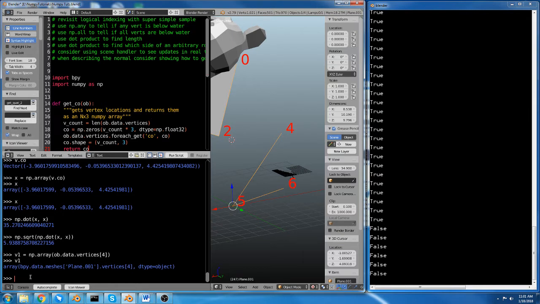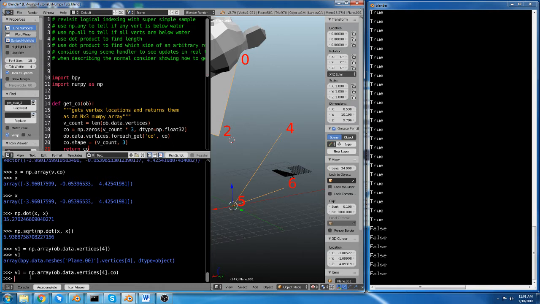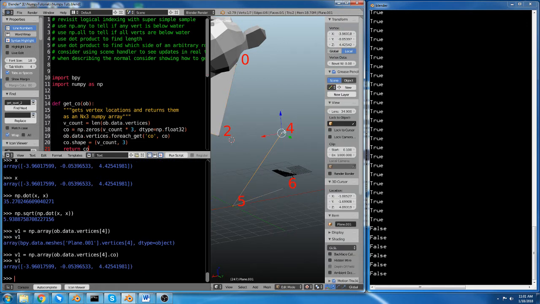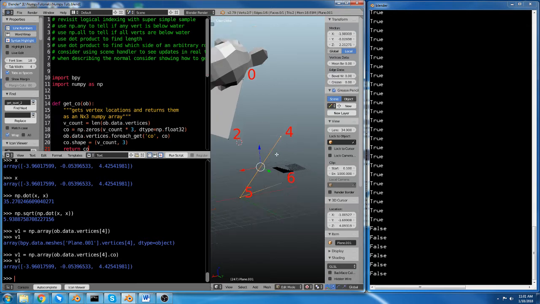Sorry, .co. Don't forget that part. Now v1 is this. It's the location of this vertex, which is 304 something. This here doesn't even need to be here. This is just here for a visual aid, so you get the idea that this is an edge segment.